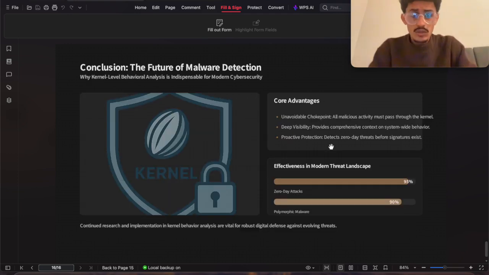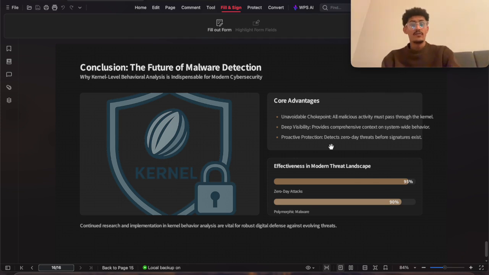So the conclusions: the future of malware detection is for safety and for privacy.